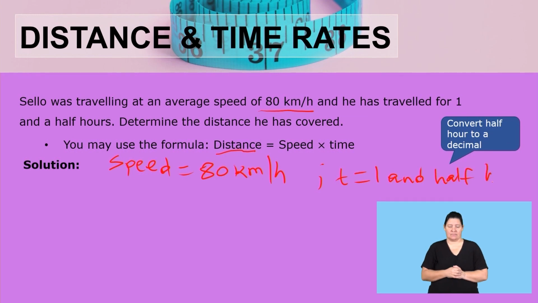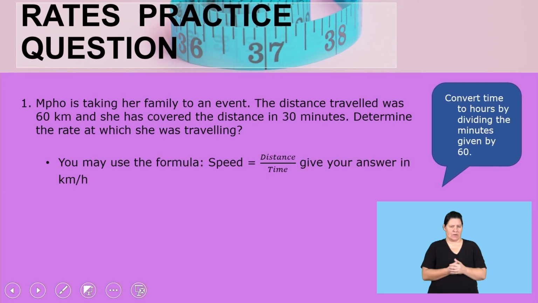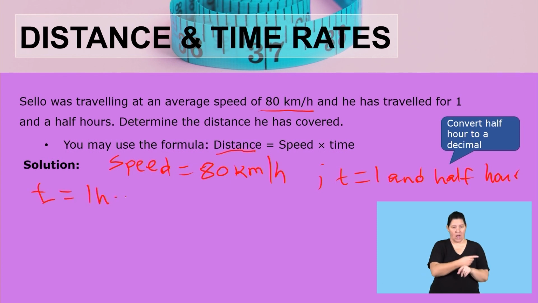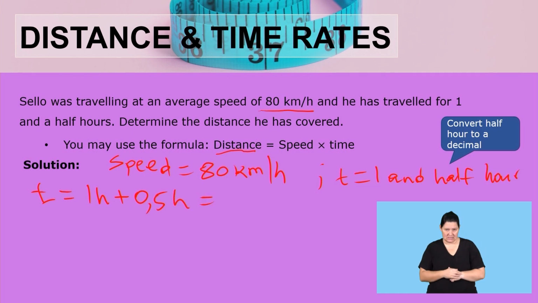Now let us have a look at how we are supposed to solve this. The first thing is to convert your 1.5 hours to be one value. So looking at our time, we will have 1 hour plus 0.5 hours. Remember, half is 0.5.